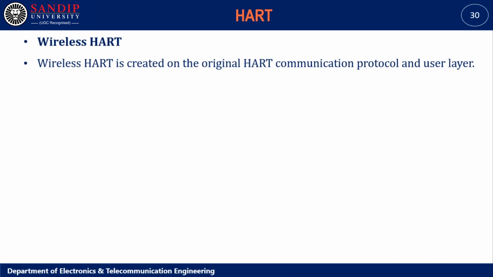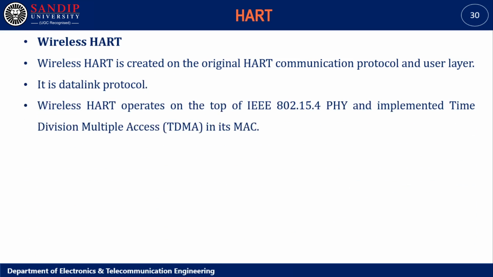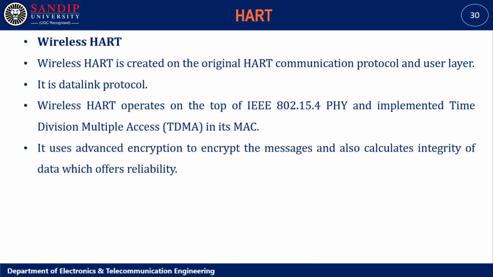Wireless HART. Wireless HART is created on the original HART communication protocol and user layer. It is a data link protocol. Wireless HART operates on top of the IEEE 802.15.4 physical layer and implements time division multiple access, that is TDMA, in its MAC.